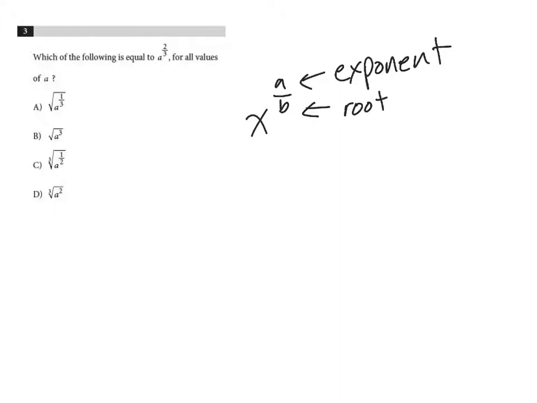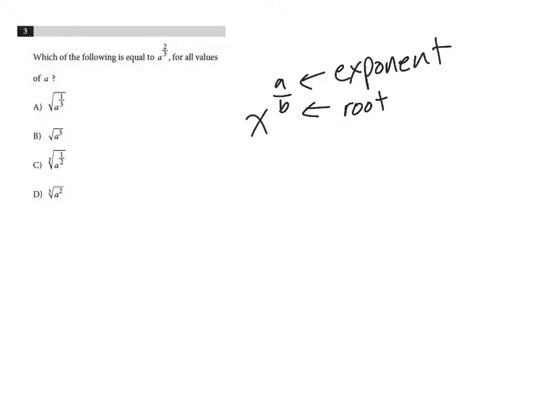Alright, which of the following is equal to a to the 2/3 for all values of a? Alright, well, it's important to know that when you have a fractional exponent, the numerator is an exponent and the denominator is a root.